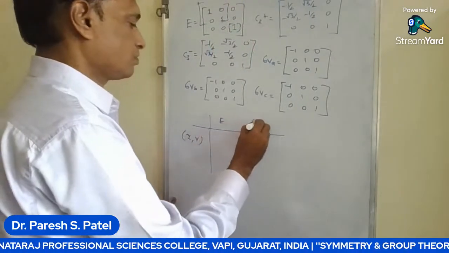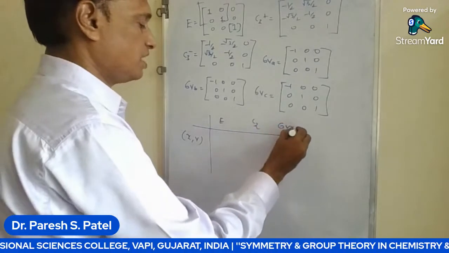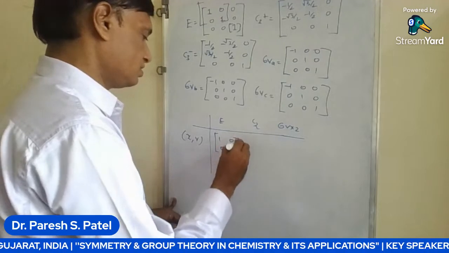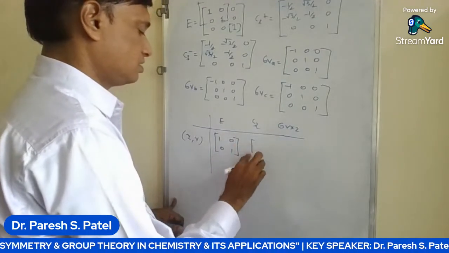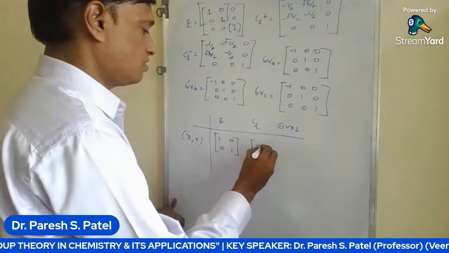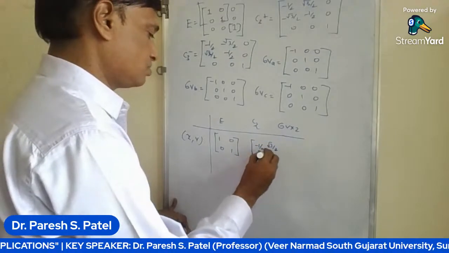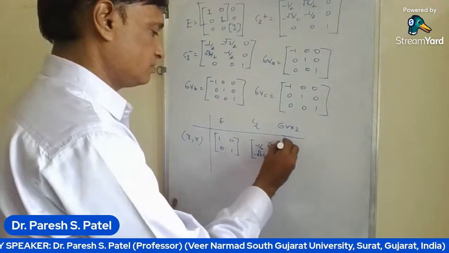E, C2, sigma Vxz: 1 0 0 1, then -1/2, root 3 by 2, -root 3 by 2, -1/2.